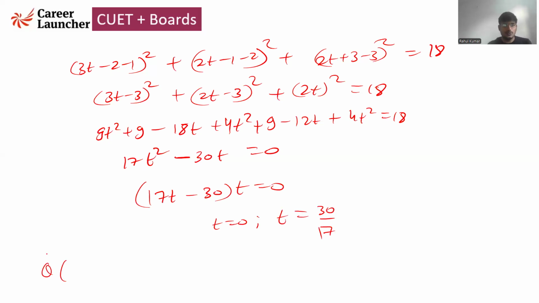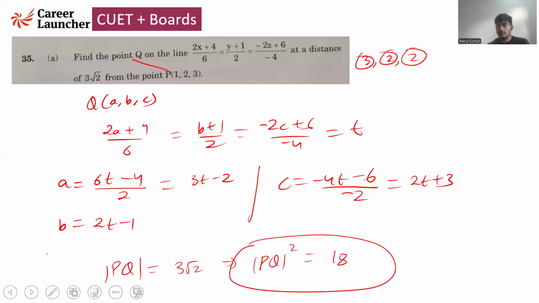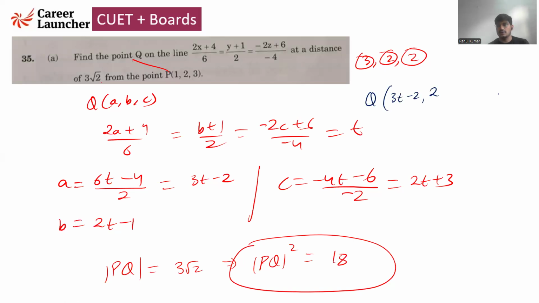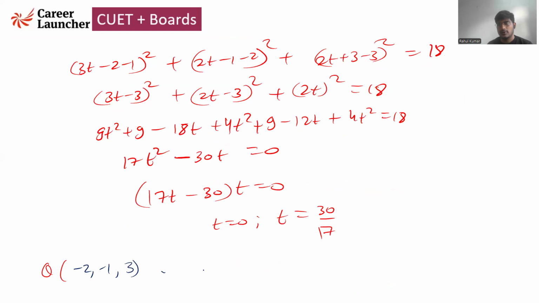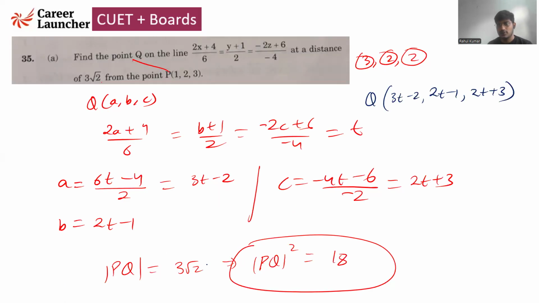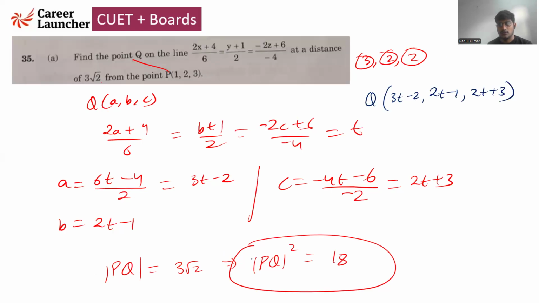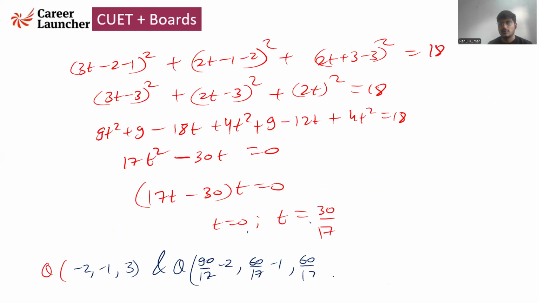So the point Q, which we need to find, has coordinates 3T minus 2, comma 2T minus 1, comma 2T plus 3. What you will get is minus 2, minus 1, and 3 as a result. And you can have another point when you substitute 30 by 17 here. So 3 into 30 by 17 means 90 by 17 minus 2, comma 60 by 17 minus 1, comma 60 by 17 plus 3.